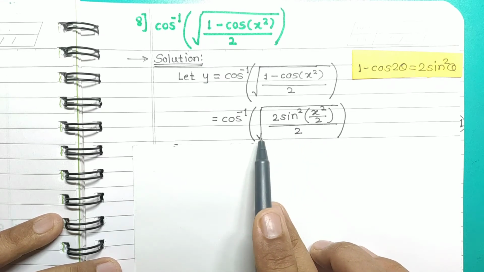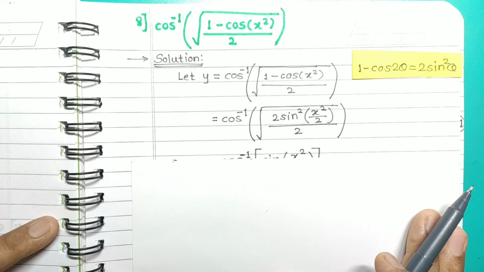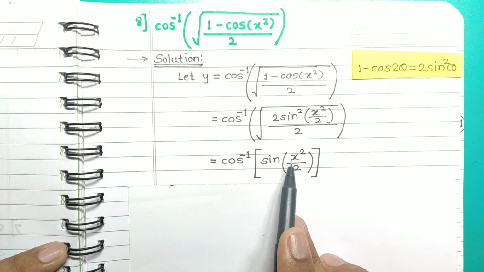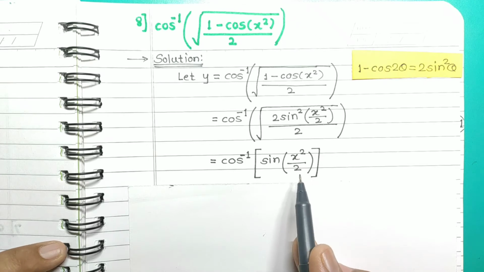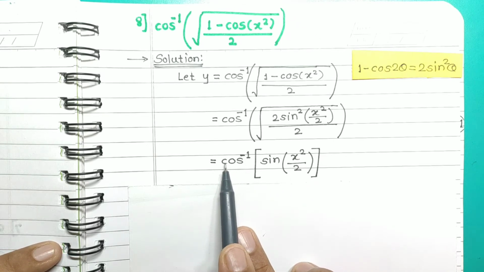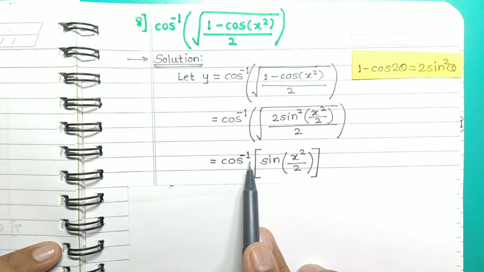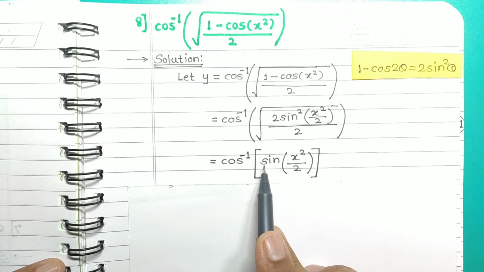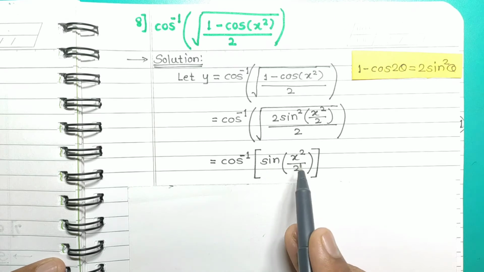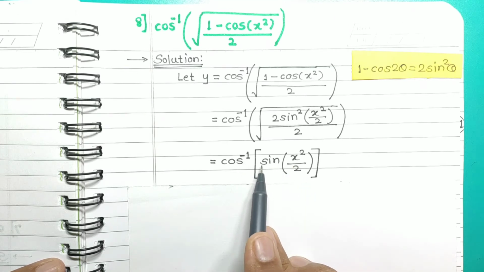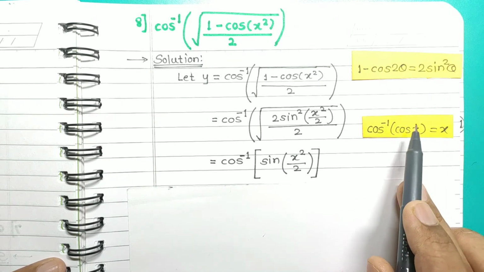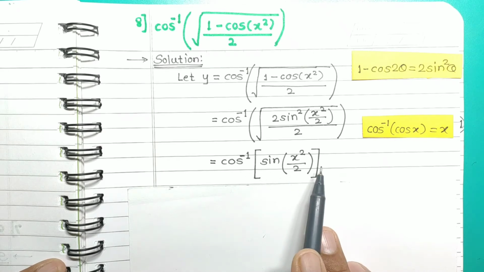This 2 gets cancelled and root of sin square is sin. So in the next step we have cos inverse of sin of x square upon 2. Now see here, outside the bracket the term is cos inverse and inside the bracket it is sin. So if we convert this sine term to a cos term, we will get cos inverse of cos, so that we can use the property of cos inverse of cos x to simplify the function.